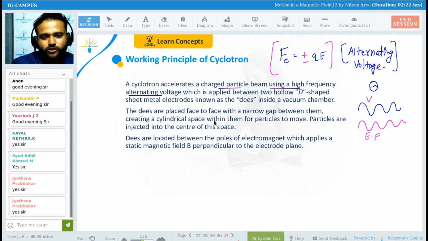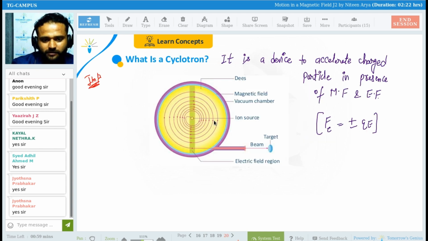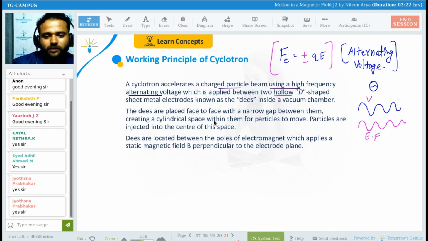So an alternating voltage is applied between two hollow D's. In this way you can understand better. This left hand side looks like a D, and the right hand side looks like a D also.